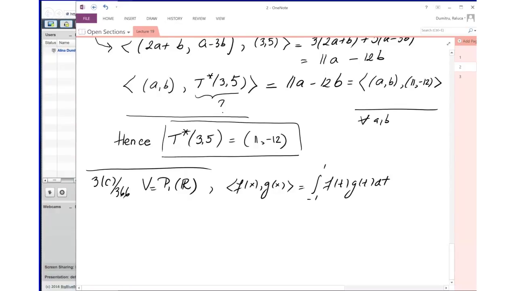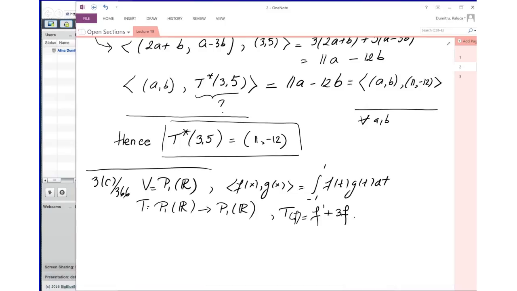And T is a linear operator on V defined by T of f equals f prime plus 3f.